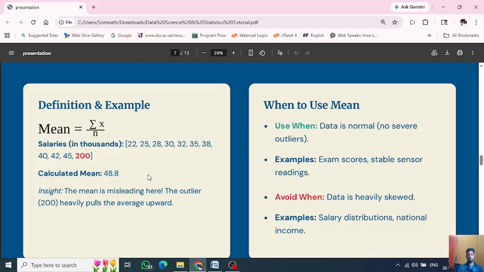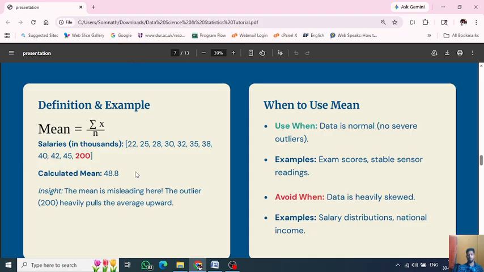But just think about it: if you say the average salary is 48 or 49 or so, is it not misleading? You can see here the maximum salary range is below 45, but the average is saying high, right?